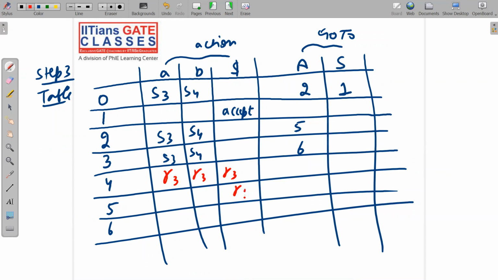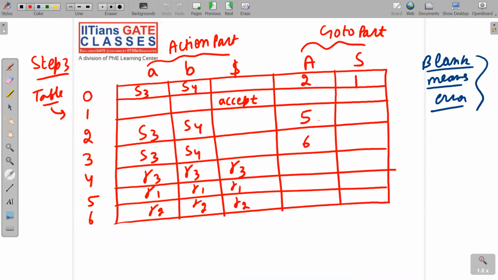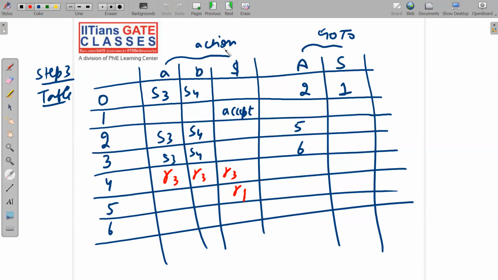That is the basic difference. We have not put R1 in the entire action part; we have put it in follow of LHS only, that means dollar.